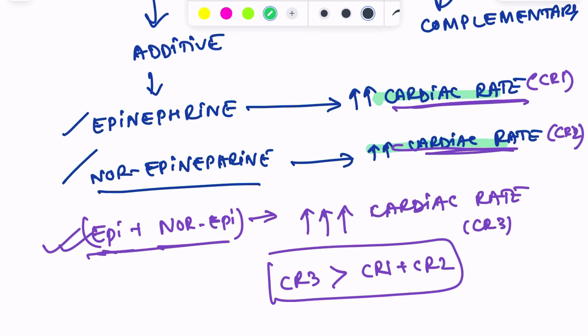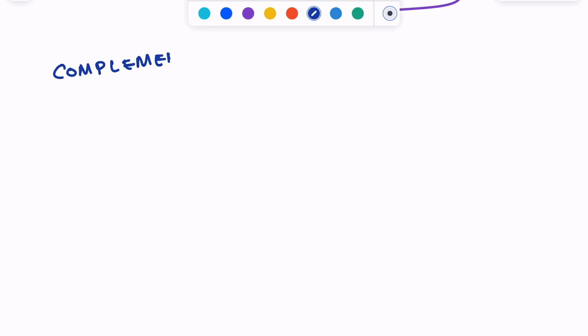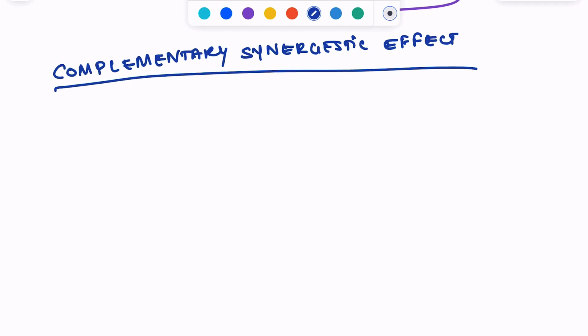Complementary effect, we'll discuss it with an example. We are discussing the complementary synergistic effect with a simple example, and that example is the mammary gland.